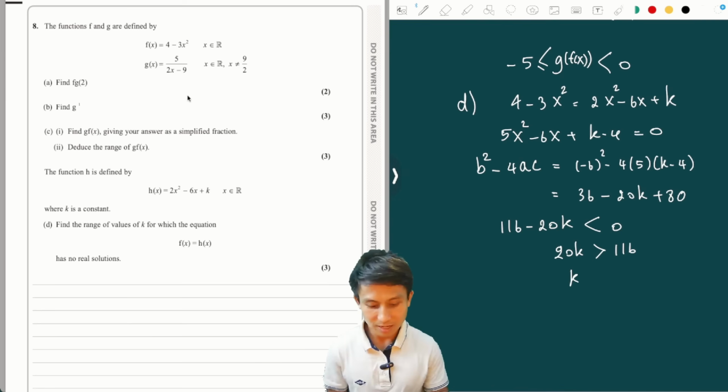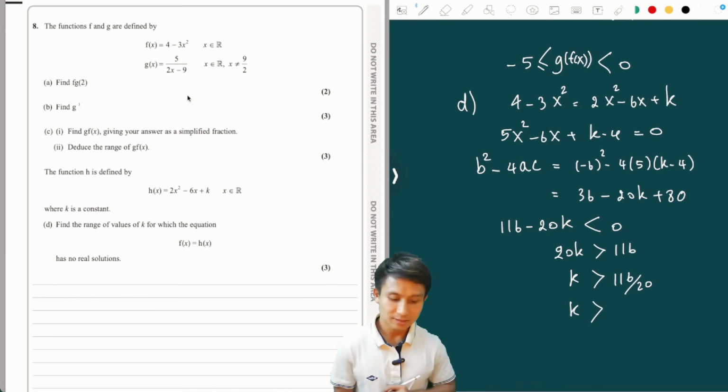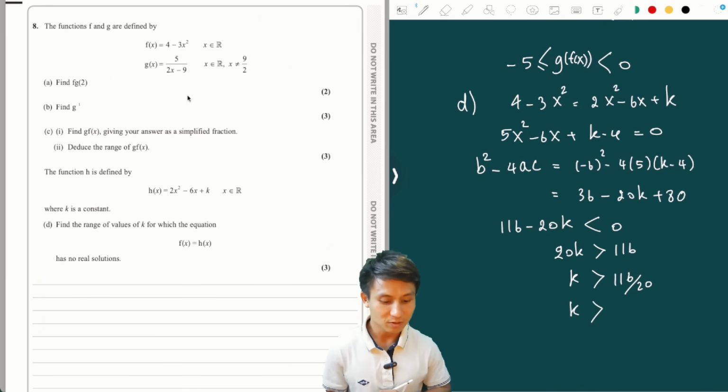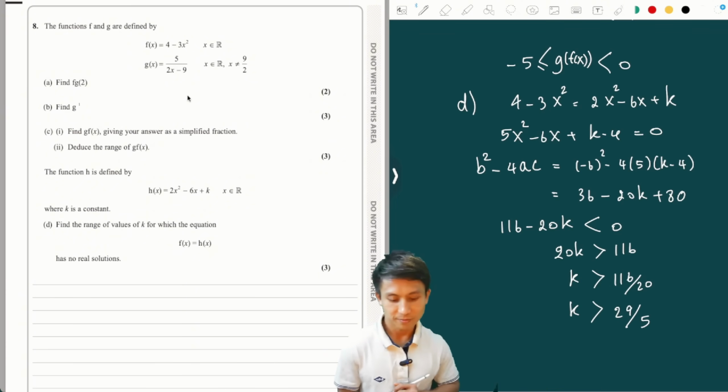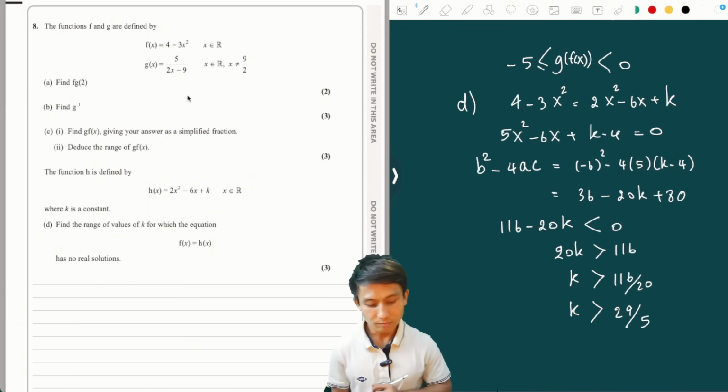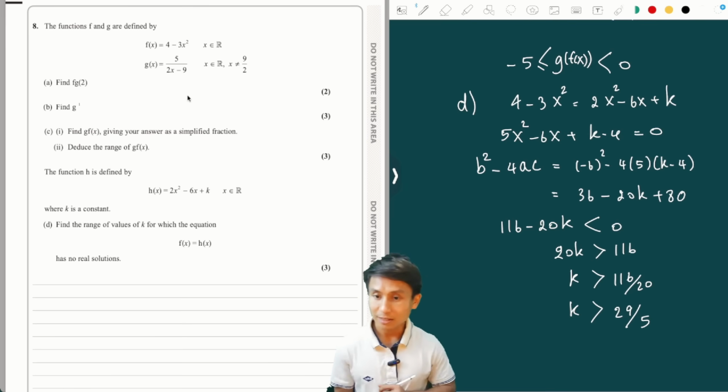And that makes k greater than 116 over 20, which simplifies, I think I can use 4, so 4, 2, 4, 9 over 5... I think I'm happy with that. So the range of values of k would be that. Is there any limitation to k though? So yeah, k just has to be greater than that. That's fine then.